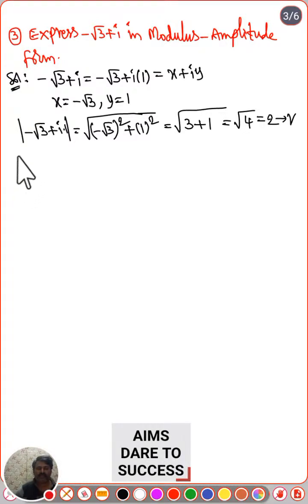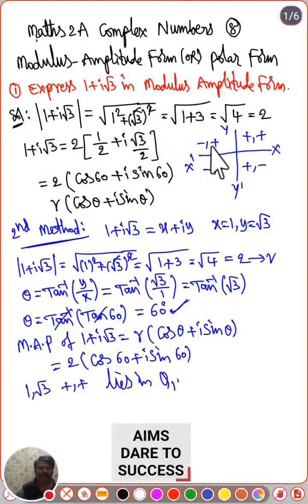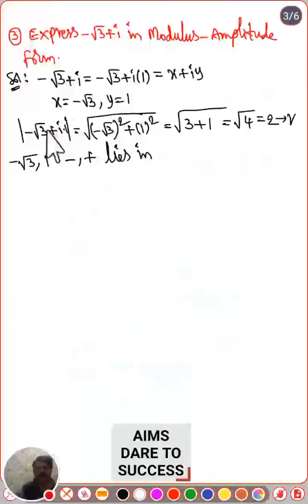Okay, my dears. Now I am writing the given value, minus root 3 and 1, that is minus plus. In which quadrant do they lie, my dears? Minus plus, second quadrant. Okay, it lies in the second quadrant. So we must get second quadrant related values.